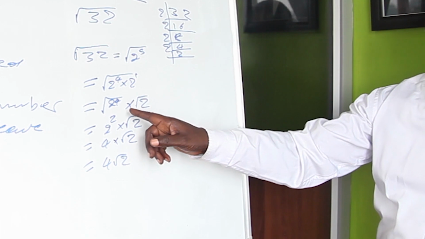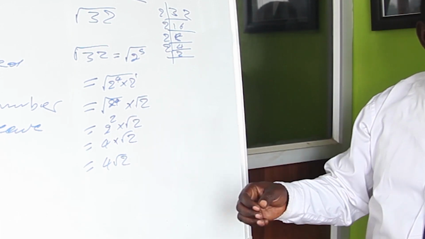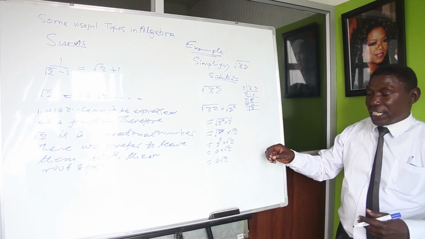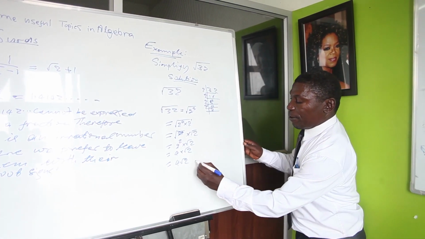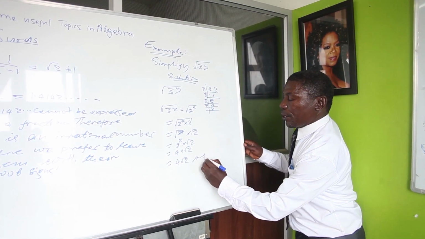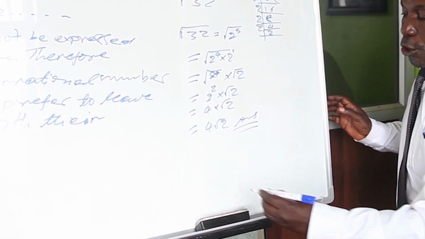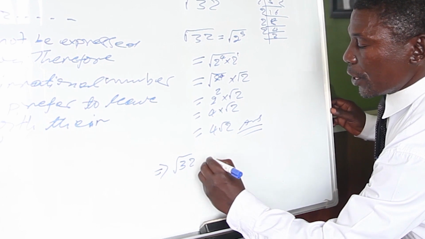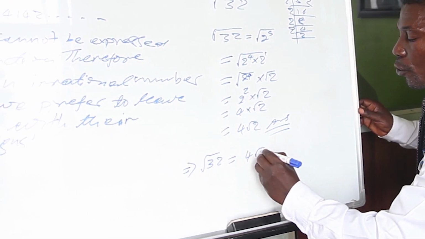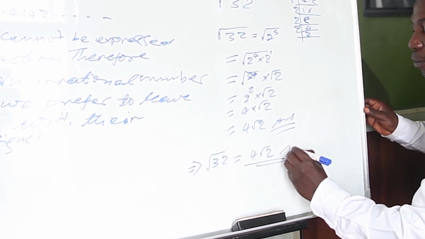We take out the even powers and divide the power by 2. So the square root of 32 equals 4 root 2. That should be the answer.